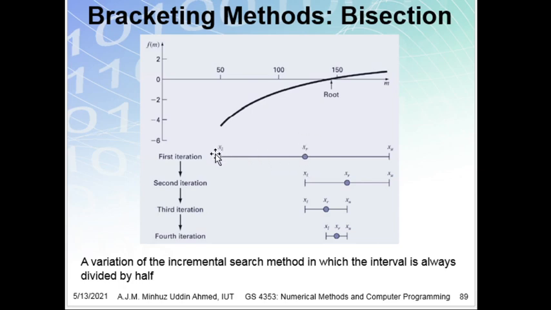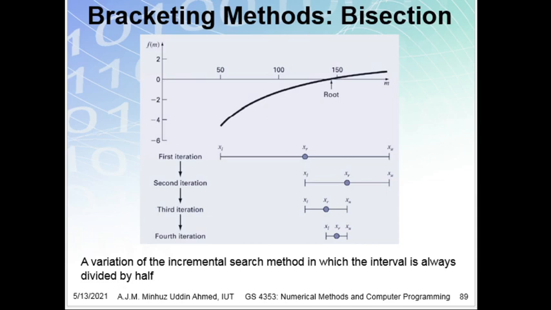As you can see from there, this XR is the middlemost point, the average point. So if we sum up XL plus XU divided by 2, we'll be getting this XR, and this XR is our initial guess of the root, although the original root, as you can see, is lying over there. As you can see, the original root is close to 150, but our first initial prediction says this is XR.